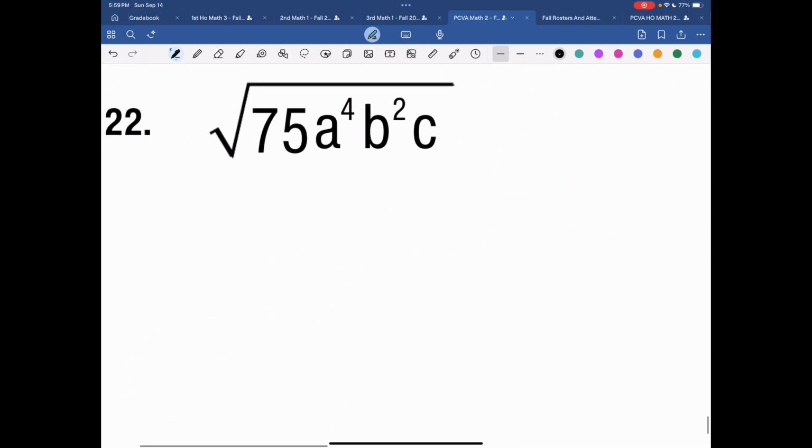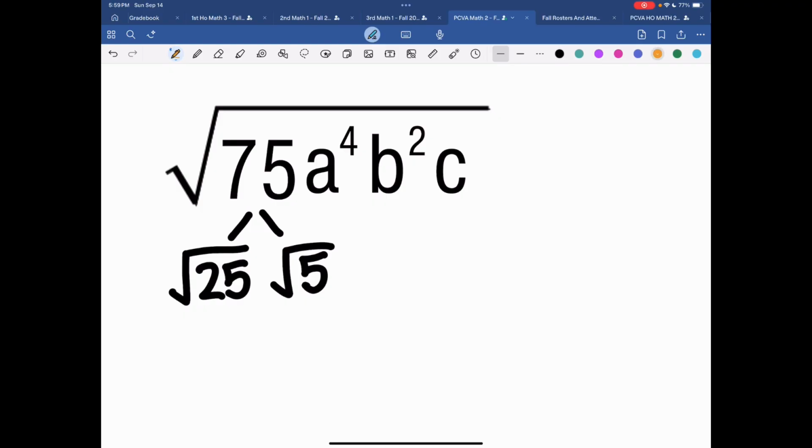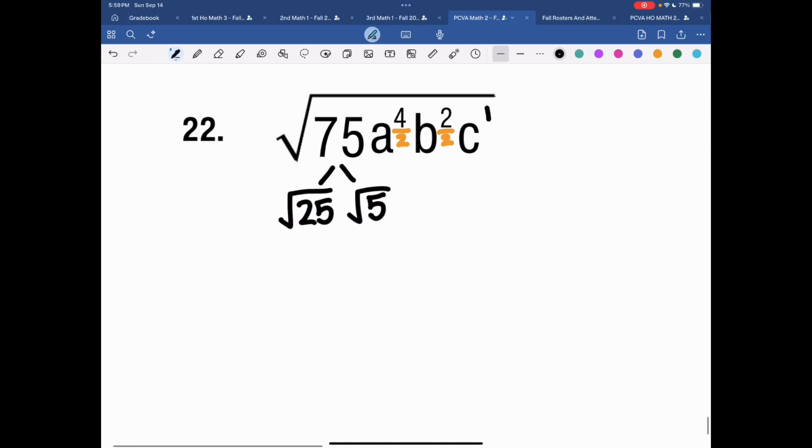All right, so we're back to square root. So 25, my largest number that I can divide out of those, is going to be 25. That's a perfect square, and 5. Now, these two exponents are even. Because these are even, I can divide those by 2. But this one is just a 1, so I can't group those. So those are going to have some left over. So this is going to be the square root of a to the 4th, the square root of b squared, and then the square root of c.